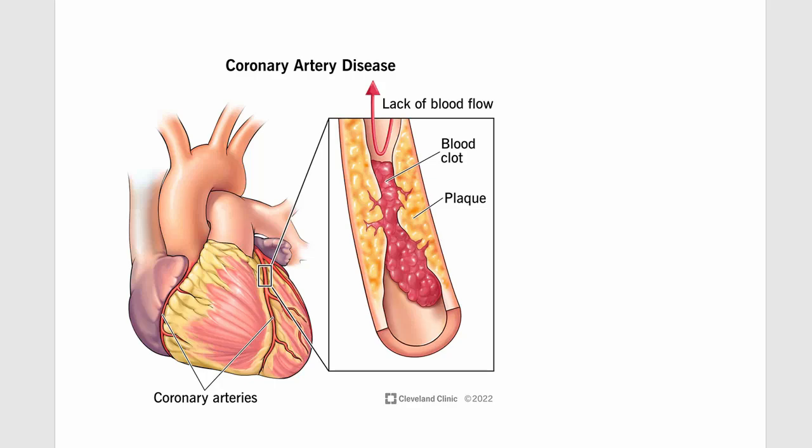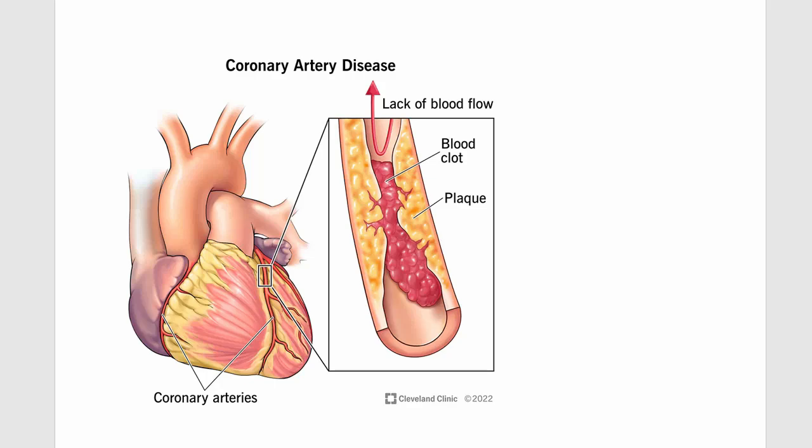Atherosclerosis is a condition where you have a buildup of fatty deposits, which we term plaques, within the arterial walls. When a plaque ruptures, it exposes the underlying tissue to the bloodstream, and this triggers the formation of a blood clot, a thrombus, at the site of this rupture.